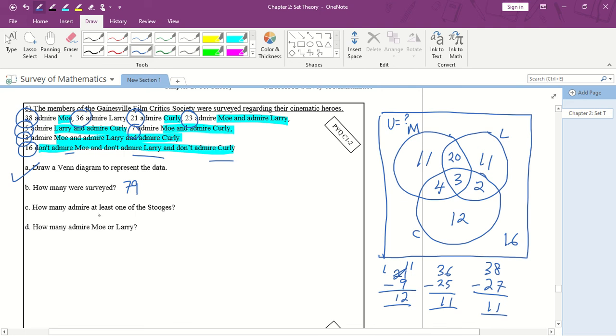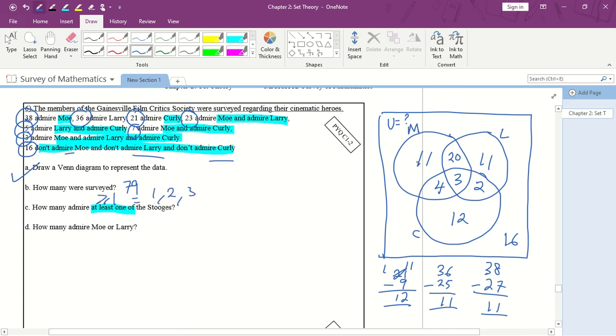And the next one. How many admire at least one of the stooges? At least one, which can be 1, it can be 2, it can be 3.